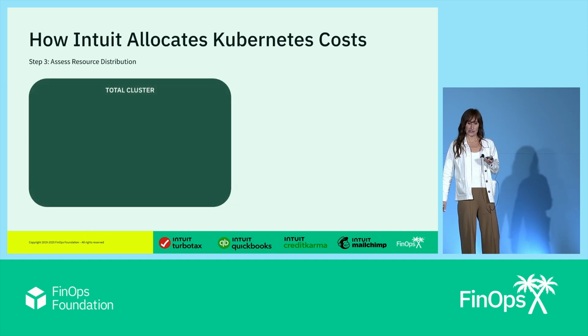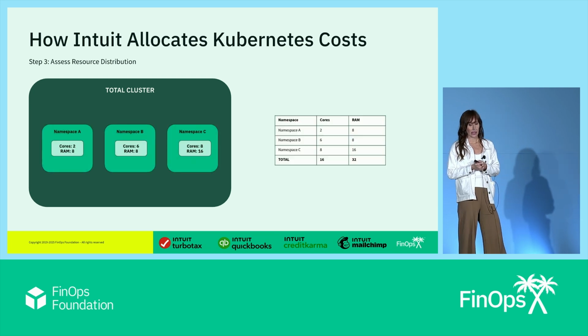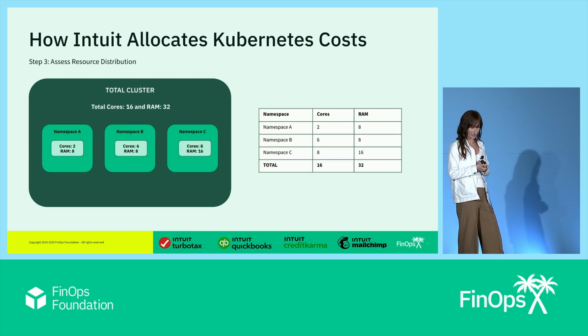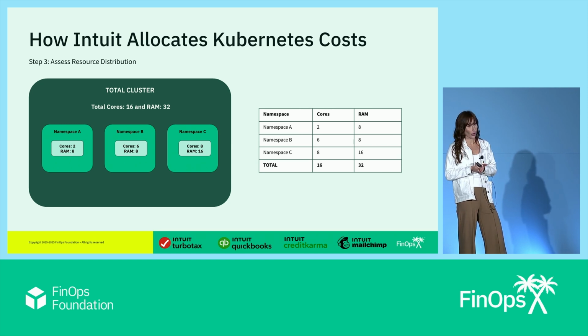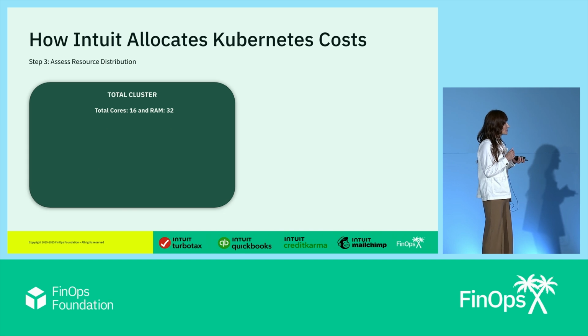The next step is to assess the resource distribution. This is where you use that per minute IKS telemetry data. What we do is we aggregate all of the namespace CPU and RAM that's identified in the IKS tooling data. And we can then use these CPU and RAM delineations to derive percentages.